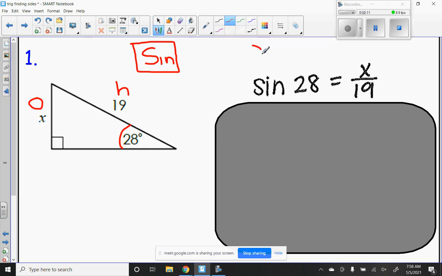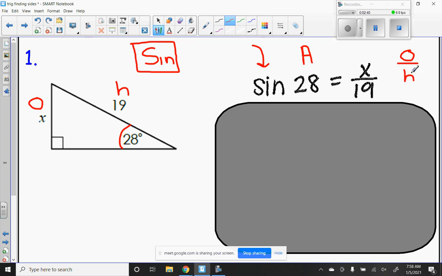You will put your ratio that we need to use, and this is sine. Your angle goes directly after it. Then your equals, and then you'll have a fraction bar. Because I use sine, we will use opposite over hypo.